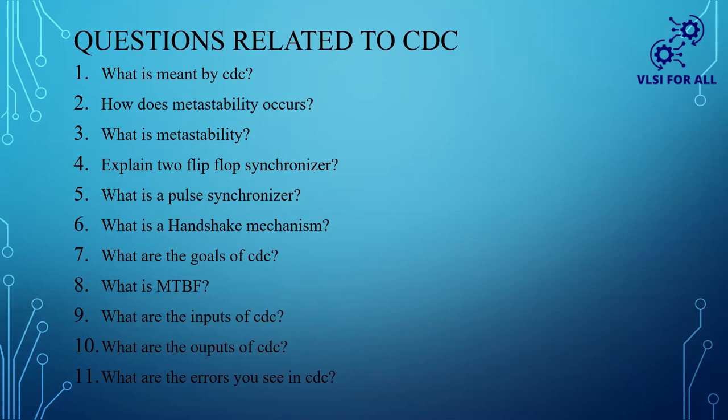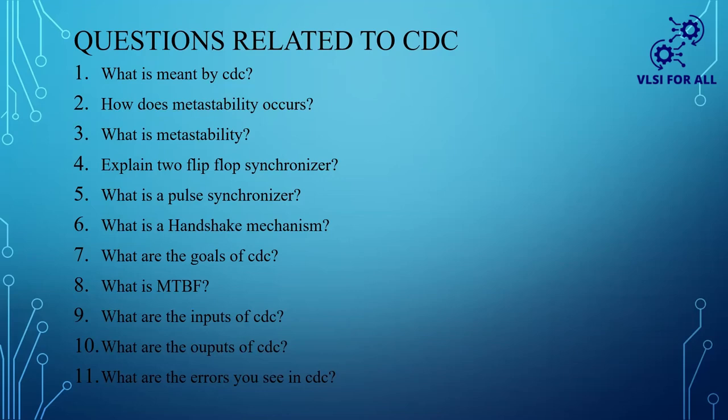Its main motto is to transfer a pulse from one domain to another domain. First, we send a pulse, and the pulse is converted to a level. The level is passed through a synchronizer, and the level is converted back to a pulse with the help of an edge detector circuit. Finally, we receive a synchronized, sampled pulse.